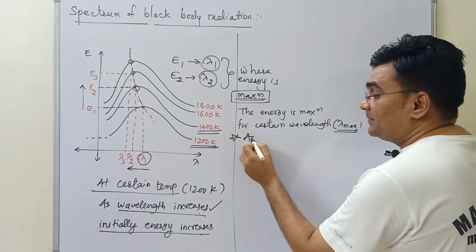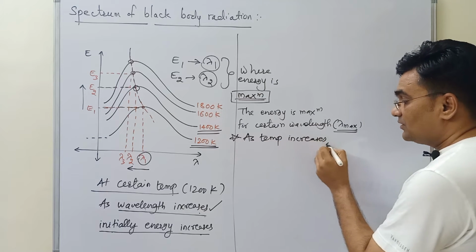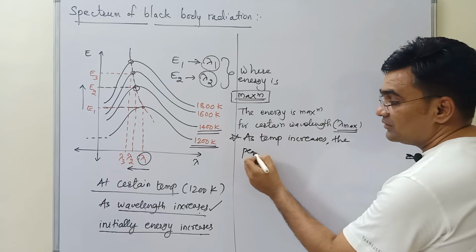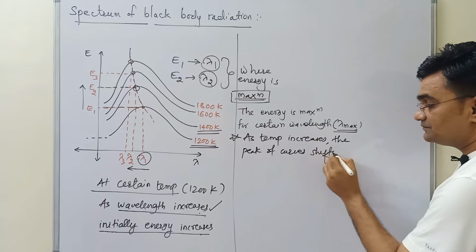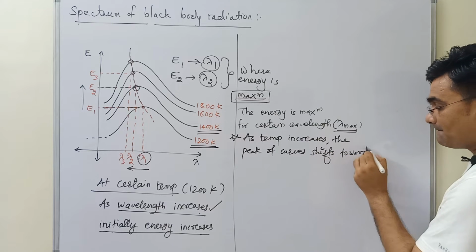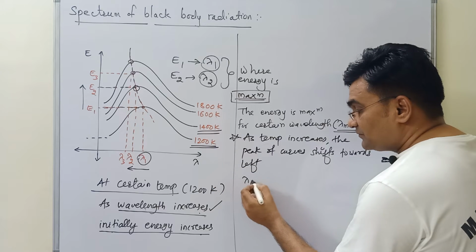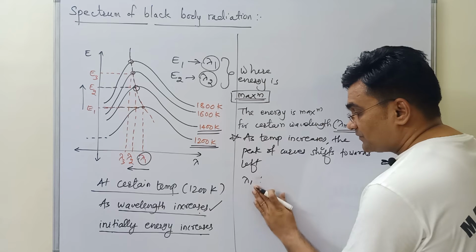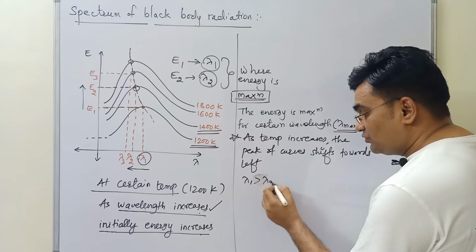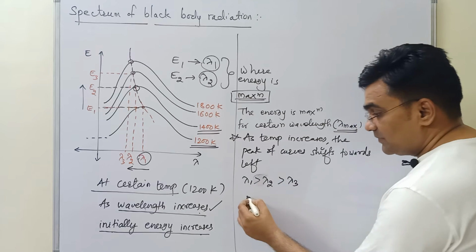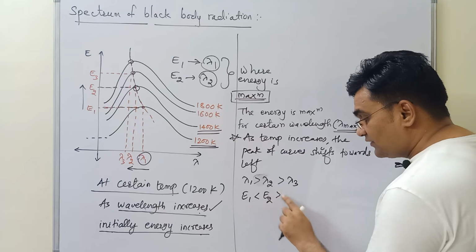So as temperature increases, the peak of the curves shifts towards the left. Means lambda 1 is greater than lambda 2, which is greater than lambda 3, but E1 is less than E2, which is less than again what?